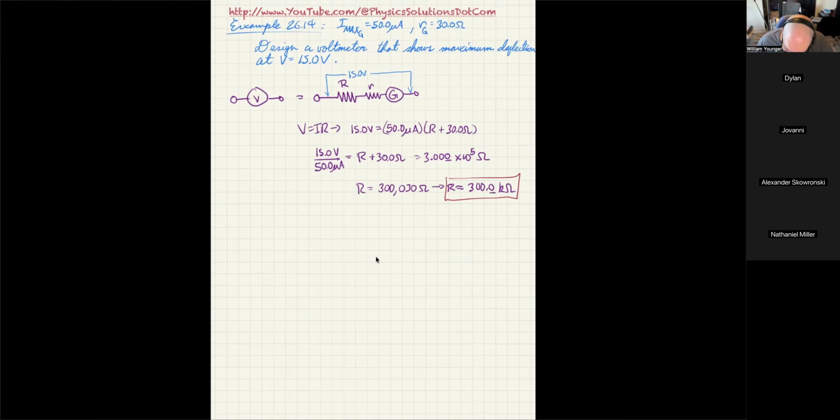Of course, we'd also need to figure out exactly what the power is. This one is not a big deal because the power is only going to be related to 50 microamps going through. So P should be I squared R, which is 50.0 times 10 to the negative 6 amps squared times 300 times 10 to the third ohms.